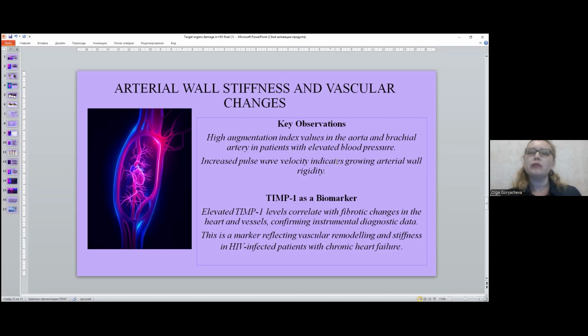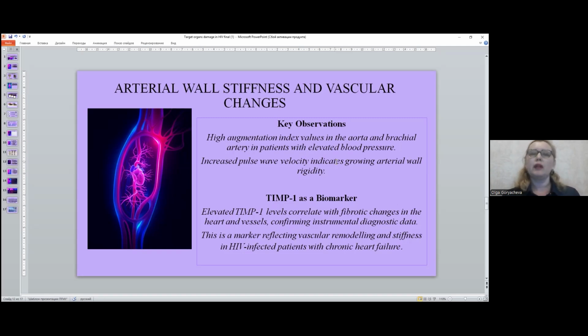Increased pulse wave velocity indicated growing arterial wall rigidity. It is very important to measure augmentation indexes in large vessels. It is easy to observe. It's possible to compare with echocardiographic figures. It's possible to compare with biochemical data.